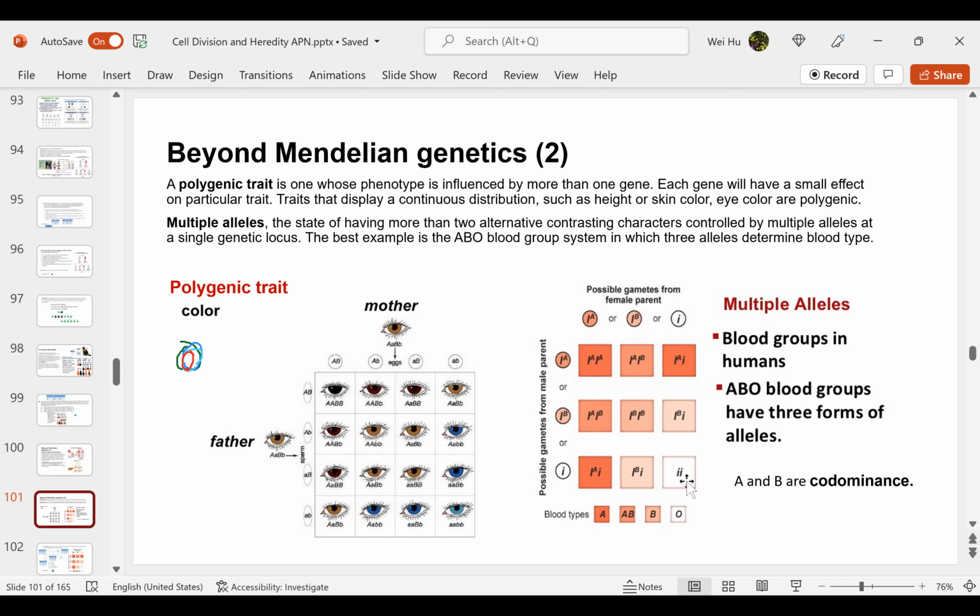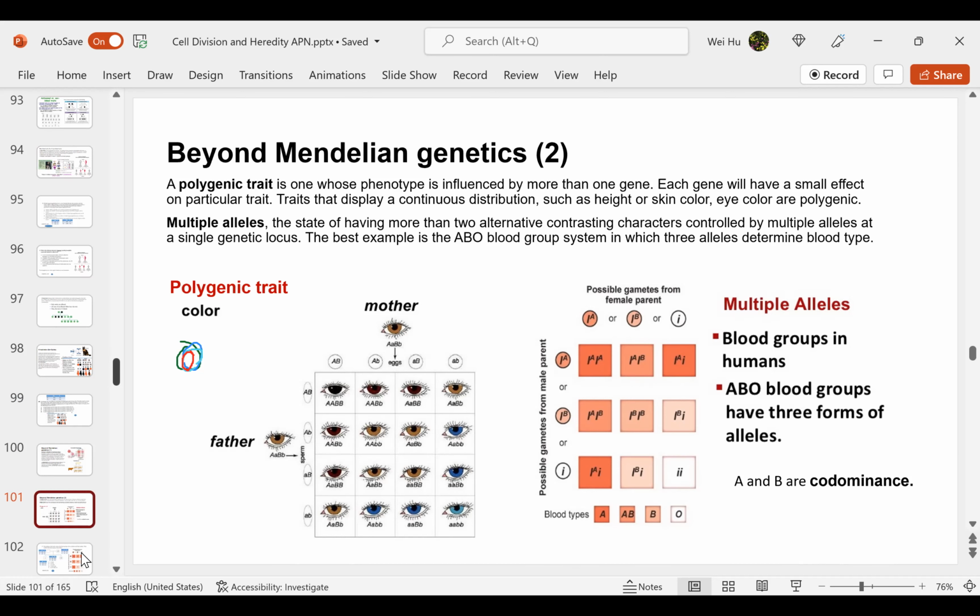But at any given time, you only have 2 because only 2 chromosomes give you alleles. So you have A, B, and i, and you have 4 different blood types: A, AB, B, and O blood.